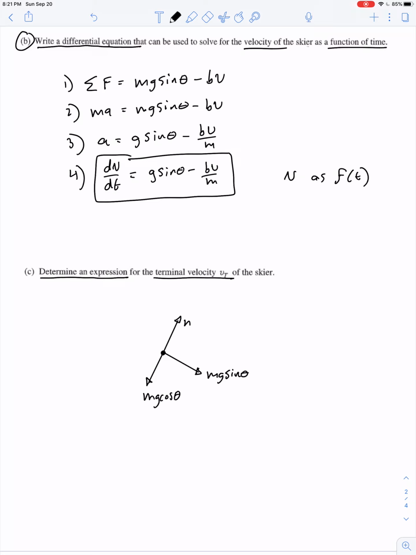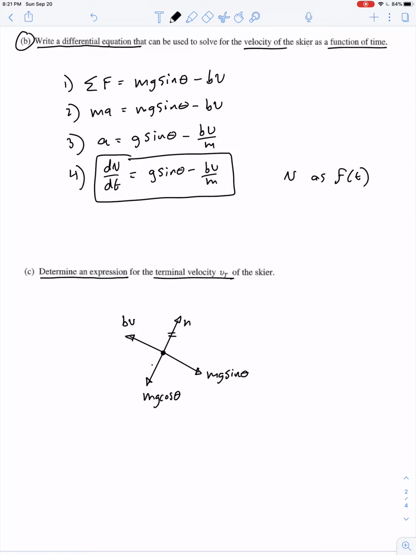When the skier first starts out and is at rest, then there's no air resistance. Then he moves a little faster, and the resistive force gets this big. Moves a little faster still, and it gets this big. But you know where I'm going with this. Eventually, the resistive force pointing opposite mg sine theta is just as large in magnitude.